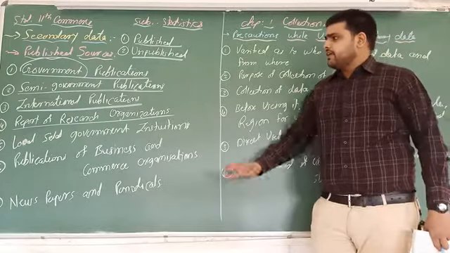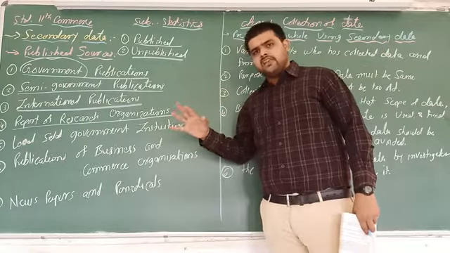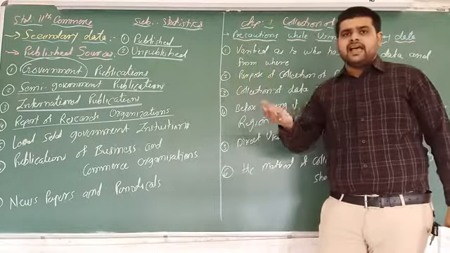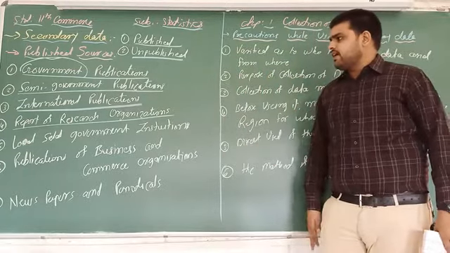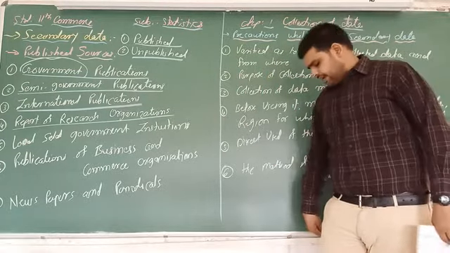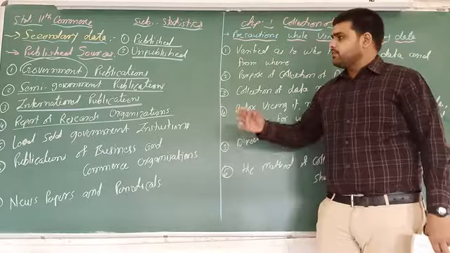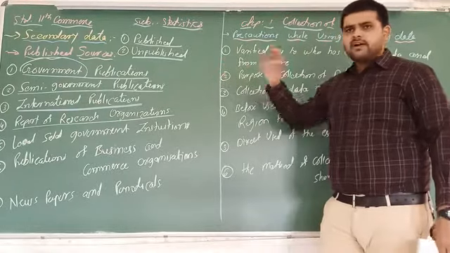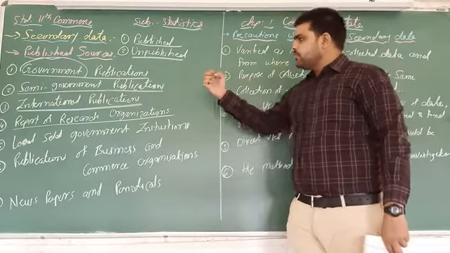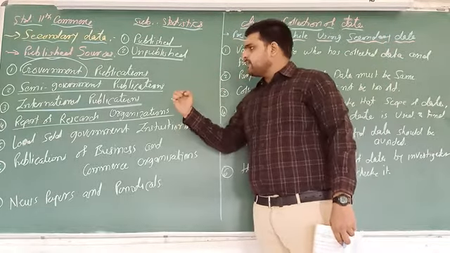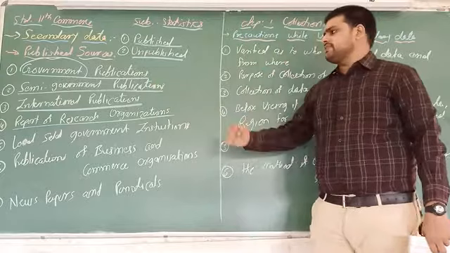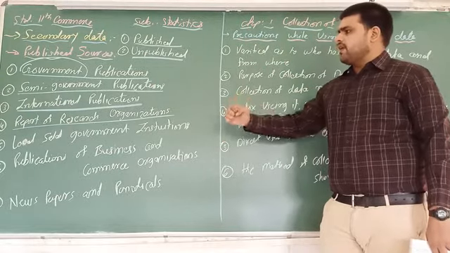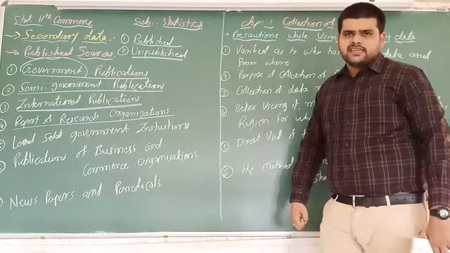So these research organizations publish their data in the market, and that is called reports of research organizations data. So 4 types are there: number 1, government publications; number 2, semi-government publications; number 3, international publications; and number 4, reports of research organizations.